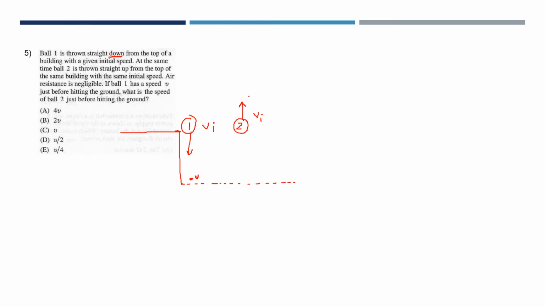Ball 2 is being thrown straight up, so it moves until it reaches the maximum height where V equals 0 and then it comes back again. Okay, can you figure out what is the speed or velocity of ball 2 at this point?